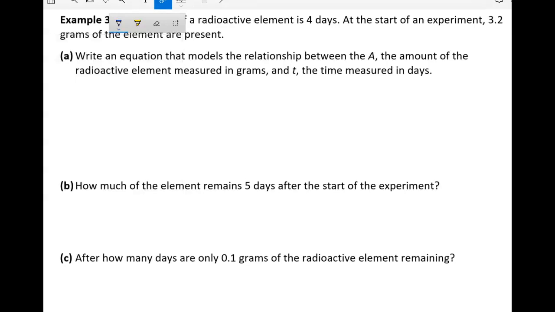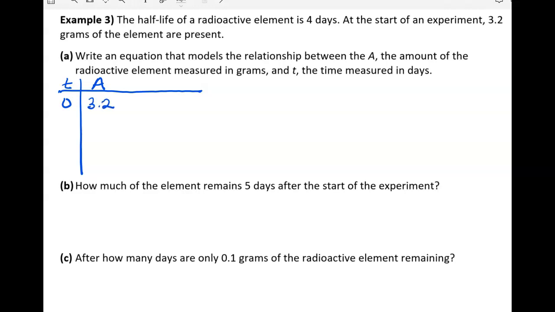So let's start by creating a table of values. T is time measured in days, and A is the amount of radioactive material present. At T equals 0 days, the initial time, there are 3.2 grams of the element present.